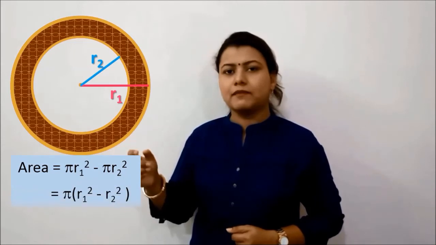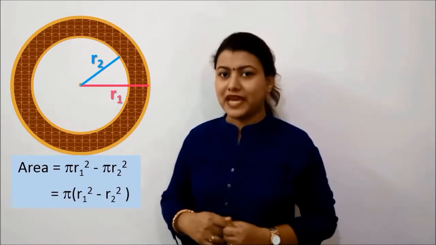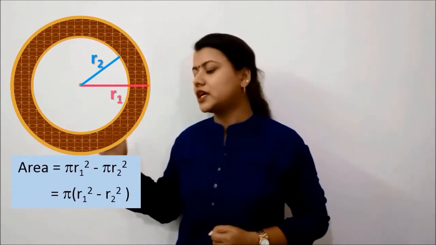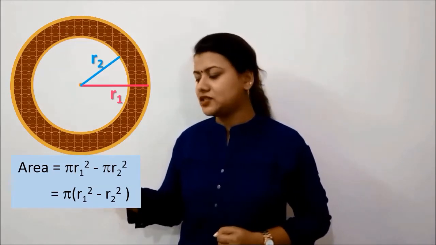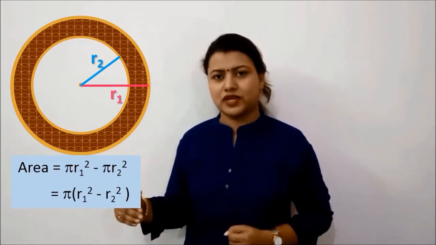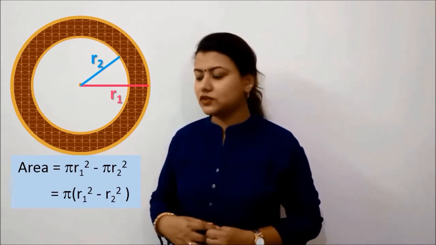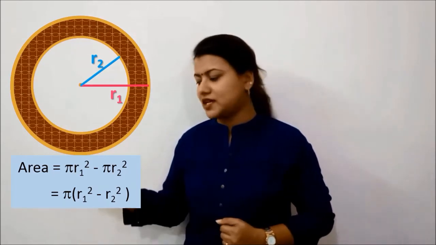For that we will do pi r1 square minus pi r2 square, and from this we can take out the common pi. We will get pi in bracket r1 square minus r2 square. So this will be easier to solve the question. You can even use the formula of a square minus b square in this place.